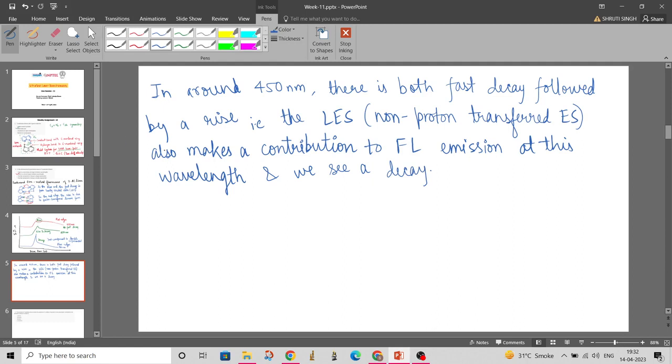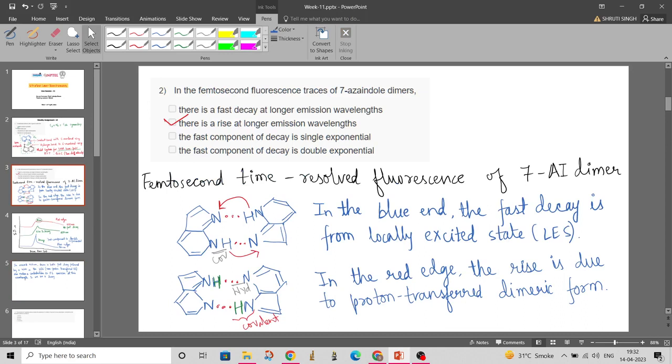Okay, so to answer this question, there is a rise at the longer emission wavelength, which is true, and the fast component of decay is single exponential. Now, the fast component of decay is double exponential.